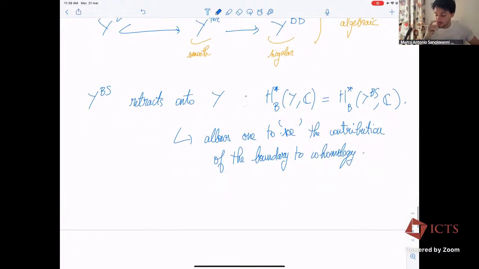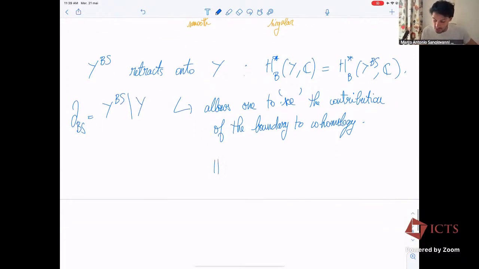Because then there is the relative homology sequence with respect to the boundary. So let me denote by delta BS the boundary. So YBS without boundary. So you have an exact sequence where the homology of YBS maps to the homology of the boundary.